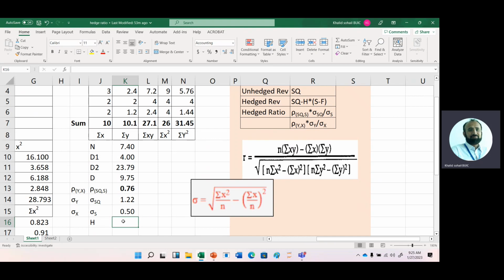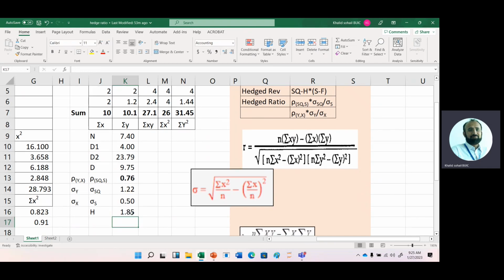Now what would be the hedge ratio? Hedge ratio is the correlation between SQ and S multiplied by the standard deviation of SQ divided by the standard deviation of Y. So 1.85 is our hedge ratio.